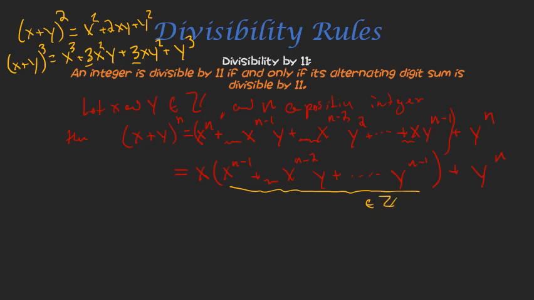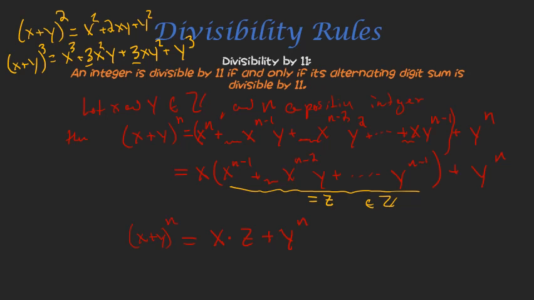And so I'm just going to call that, let's call it z for integer. And so what's going on here is (x plus y) to the n can really be written as x times some integer plus y to the n. So that's (x plus y) to the n.